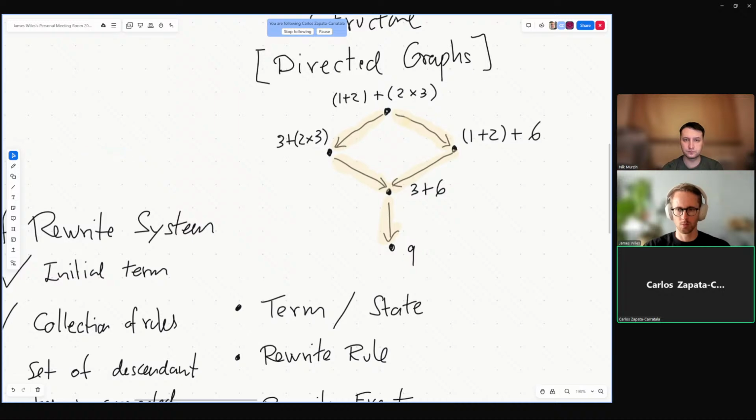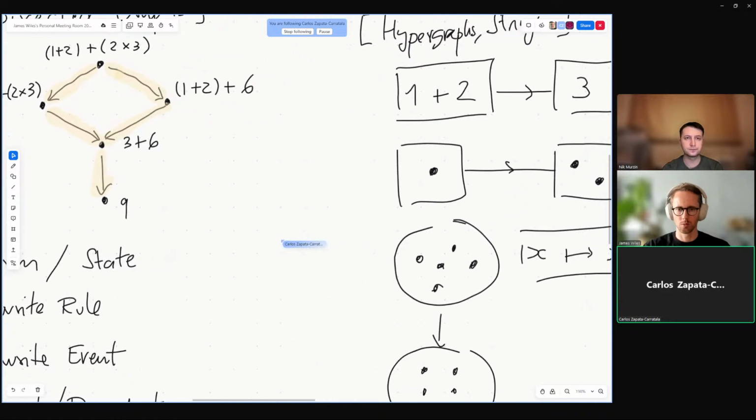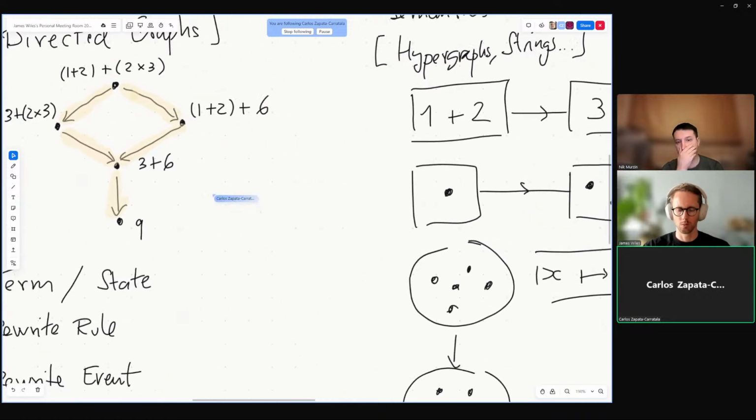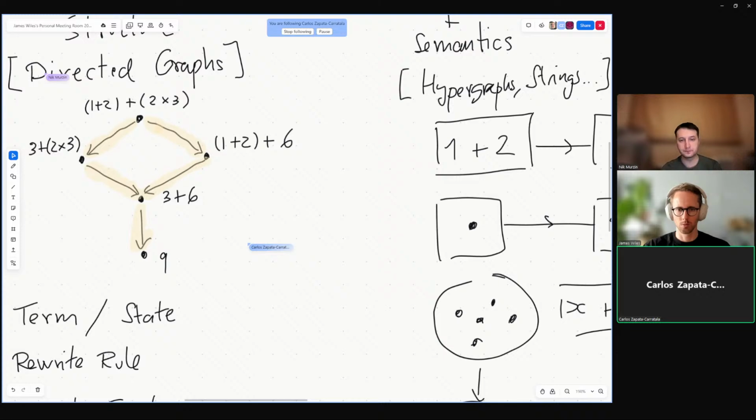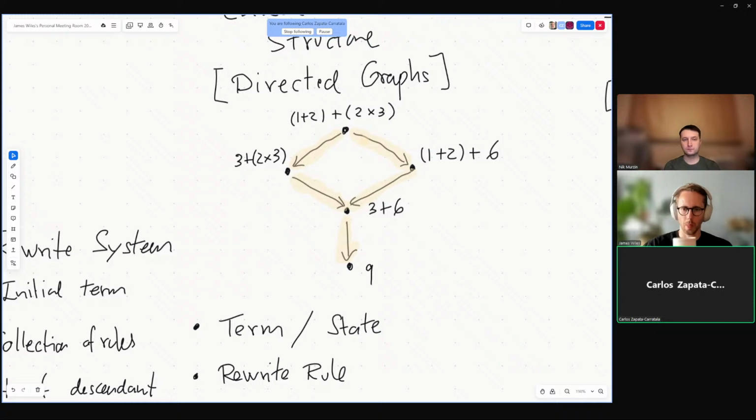In many different sub-expressions of an expression, or in many different subgraphs of a graph, or any other kind of sub-object or sub-term of a term. So there is, in some sense, no distinction between having one rule applying multiple times, or many rules applying once each, or many rules applying multiple times each. There is no formal distinction between that.